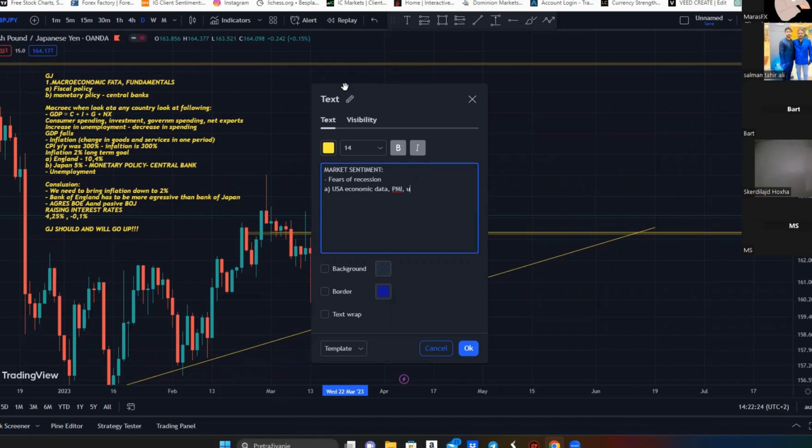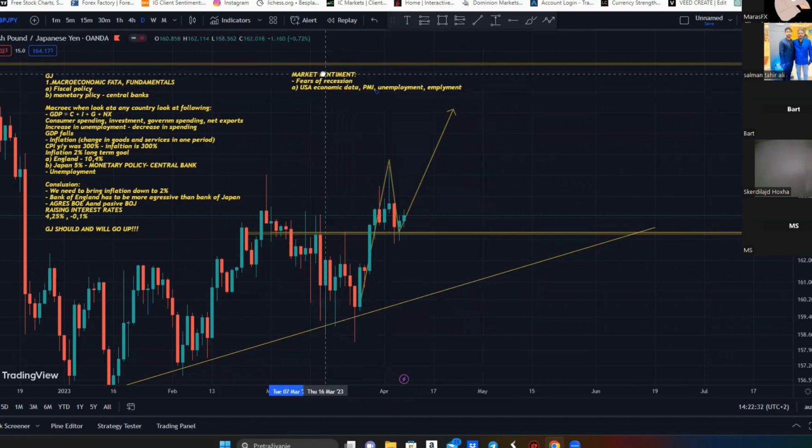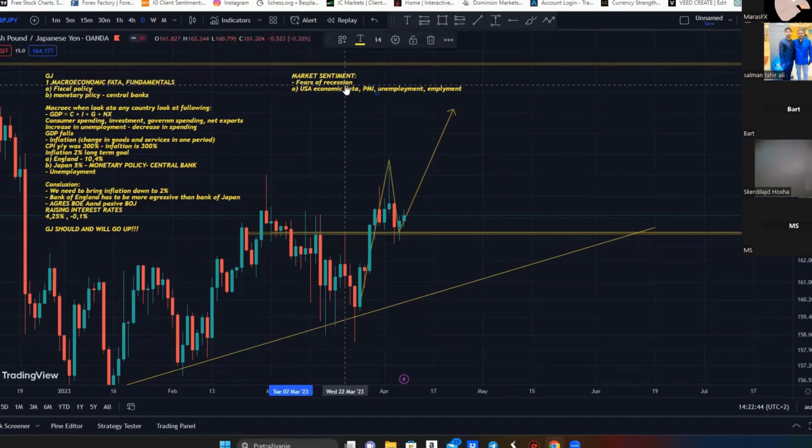Then we have unemployment, we have employment. All these data are currently telling me that the current market sentiment is a fear of recession. So this is important to me when talking about gold, that there is a realistic possibility that if we continue to have current and continuing fear, gold prices will go up.